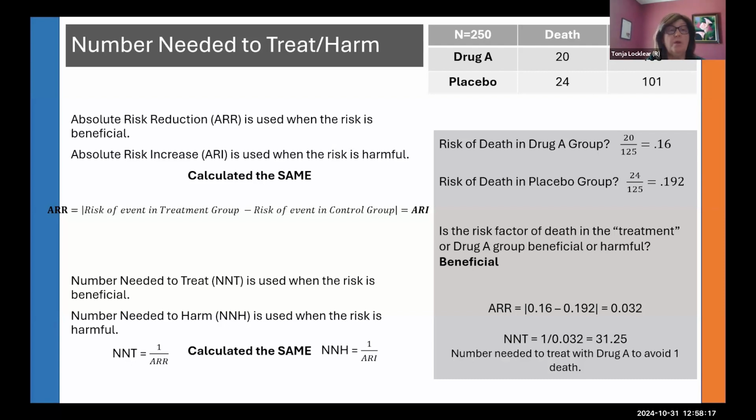And so we would do 1 divided by that. Again, it's calculated the same, but it means different things depending upon whether or not your risk in the treatment group is higher or lower than the risk in the placebo group or the control group. So in this case, 1 divided by that gives us 31.25, which is the number needed to treat with drug A to avoid 1 death.